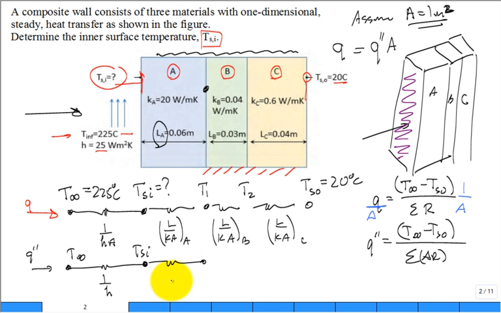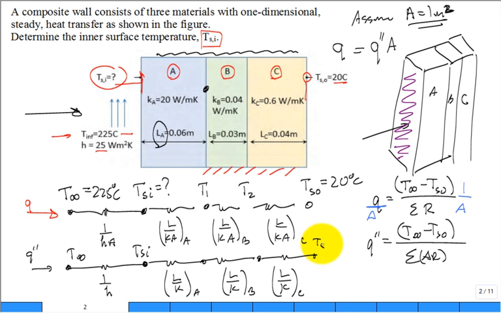But it's an area times resistance, L over K for material A. And this is L over K for material B. And this is L over K for material C, and that's the TSO, which is 20 degrees C. So I sum up those A sub R's. That makes sense? I'm going to need to scroll down. Sorry about that, but I just used all the space I have, so I'll have to scroll down and continue the solution to this problem.